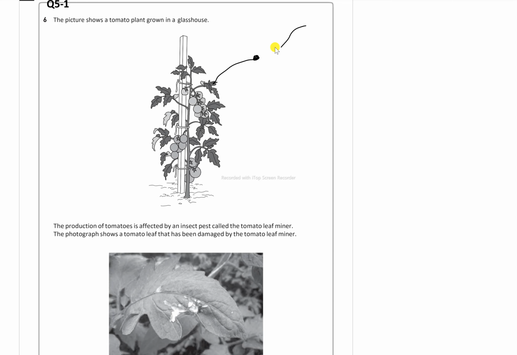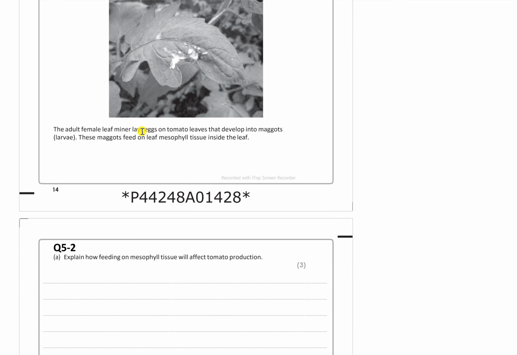So look, this is the leaf and it lands there and then it burrows into the leaf. So you can't see it on the surface. Right. Adult lays eggs. It's laid the eggs, but it's laid them inside.